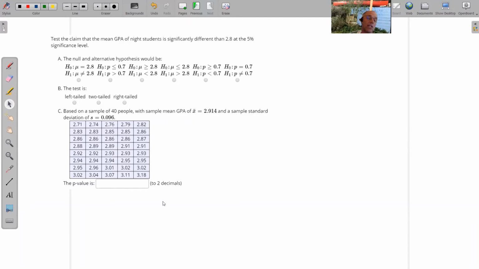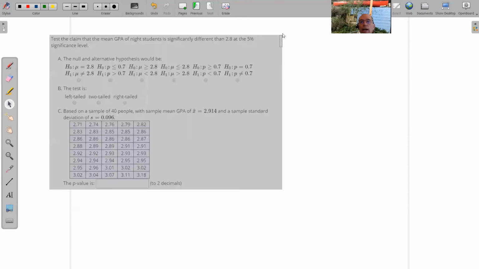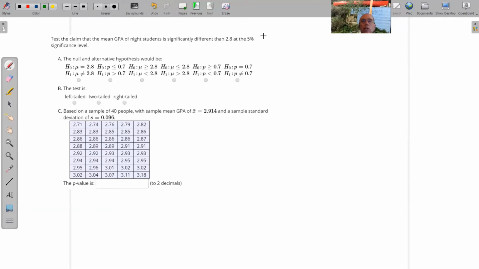Nowhere here does it say anything about the standard deviation of the population, which, even though the sample size is greater than 30, means I have to use a t-distribution. Okay, so right away, I have no population STD, right?